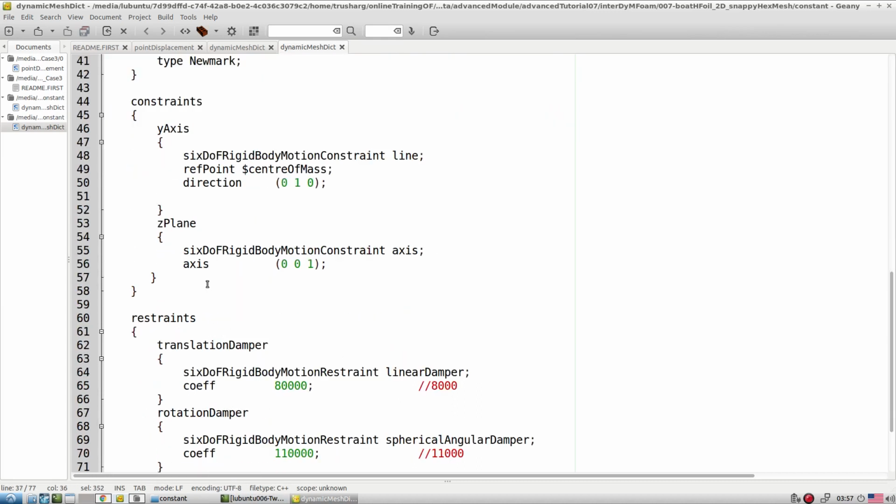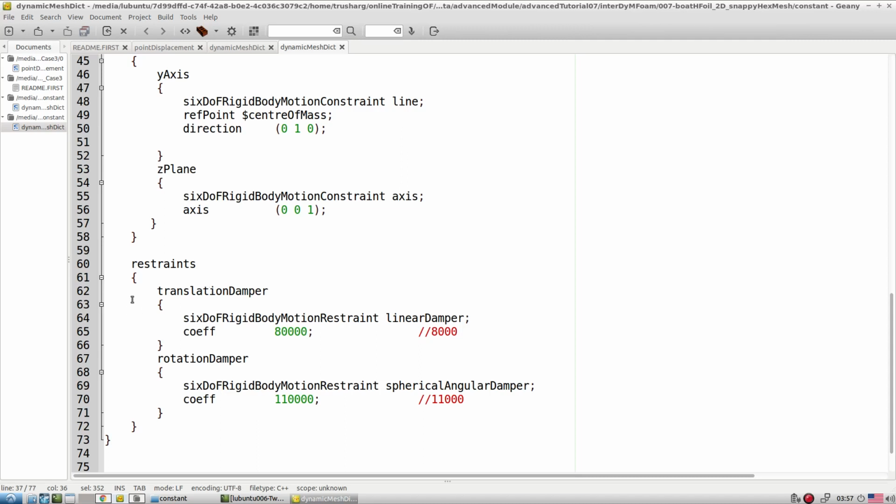Then we have a constraint, and then we have a restraint. The restraint allows us to use a linear damper or spring, or an angular damper class of restraint. So if you want to specify the damping movement, based on your understanding of structural dynamics, you can restrain the movement of the object.